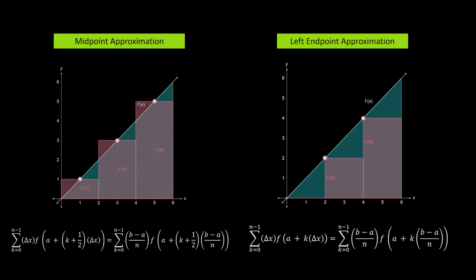Now the midpoint is a little bit different because it's inherently using completely different looking x values. Here we're using 0, 2, and 4, possibly 6 for the right endpoint. Here we're using 1, 3, and 5. It's completely different. We have evens versus odds.